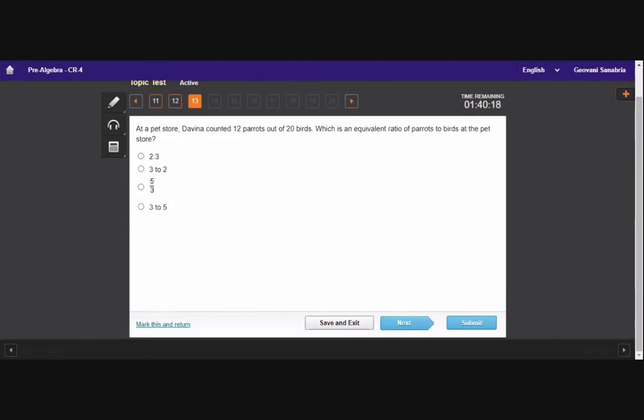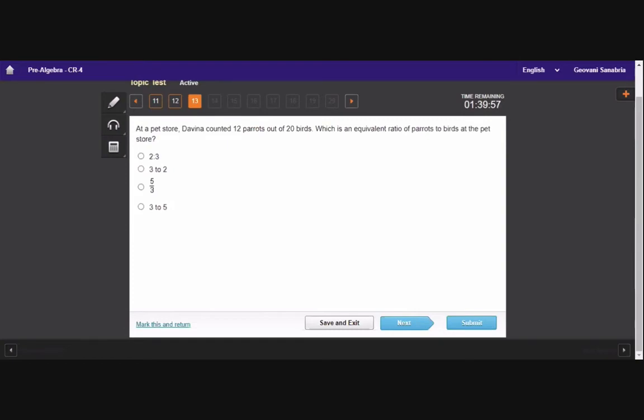She counted 12 parrots of 20, which is an equivalent ratio of parrots to birds. Do you know how to do this one? Let me try to figure it out.